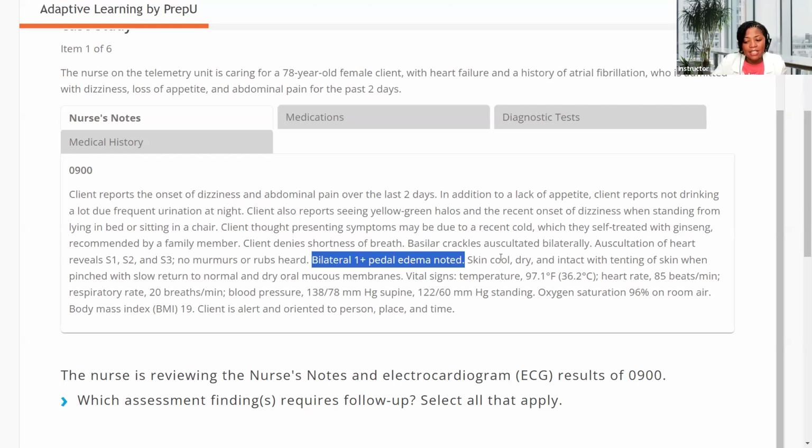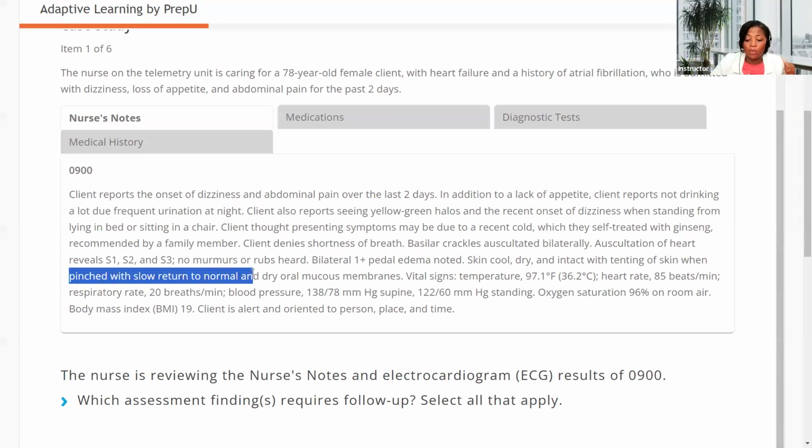All right, but their skin is cool, it's dry and intact with tenting, though. What did we talk about in class the other night? Tenting, right, of the skin. Remember what tenting is, when pinched, with slow return to normal, and dry oral mucous membrane.